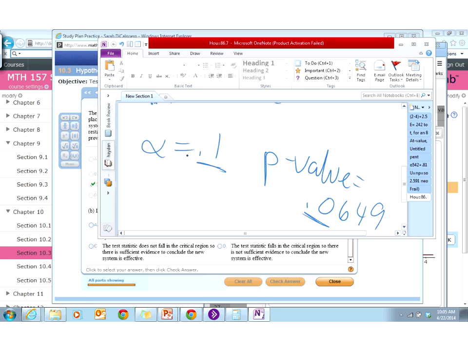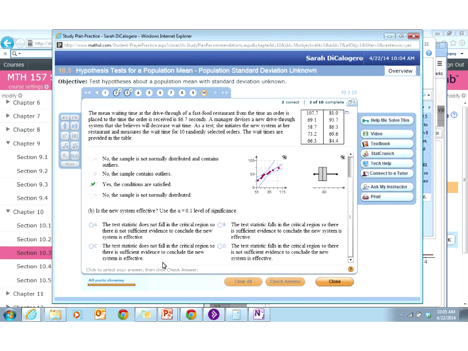If we look at this, this is less than that. So at the 0.1 level of significance, we would reject the null. Yes, we would reject the null. So it does fall into the critical region. So there's sufficient evidence to conclude that the new system is effective.